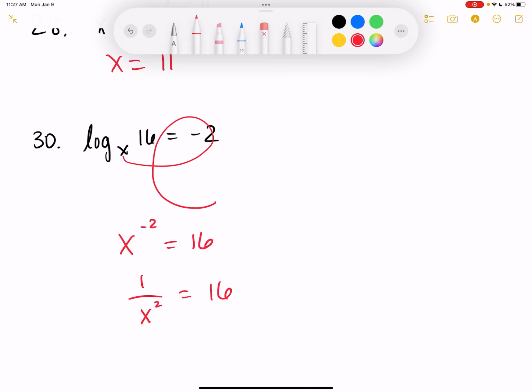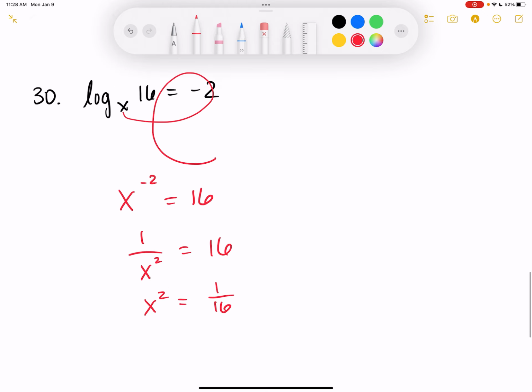So if I take the square root of it, this side's just going to end up with the negative because it's upside down. So to make this go the right way, I'm going to flip the whole thing. So I'm going to have x squared is equal to 1 over 16. So then when you take the square root of it, you would have x is equal to plus or minus 1 over 4.